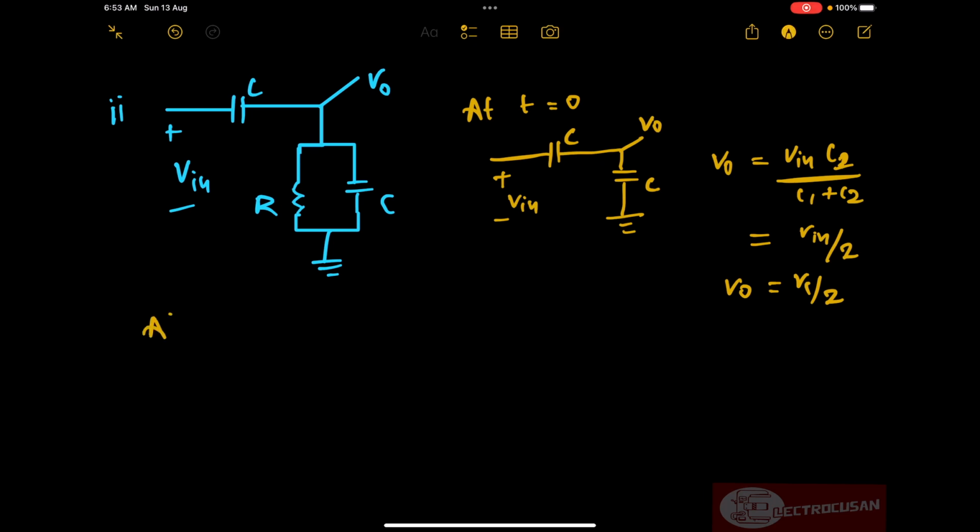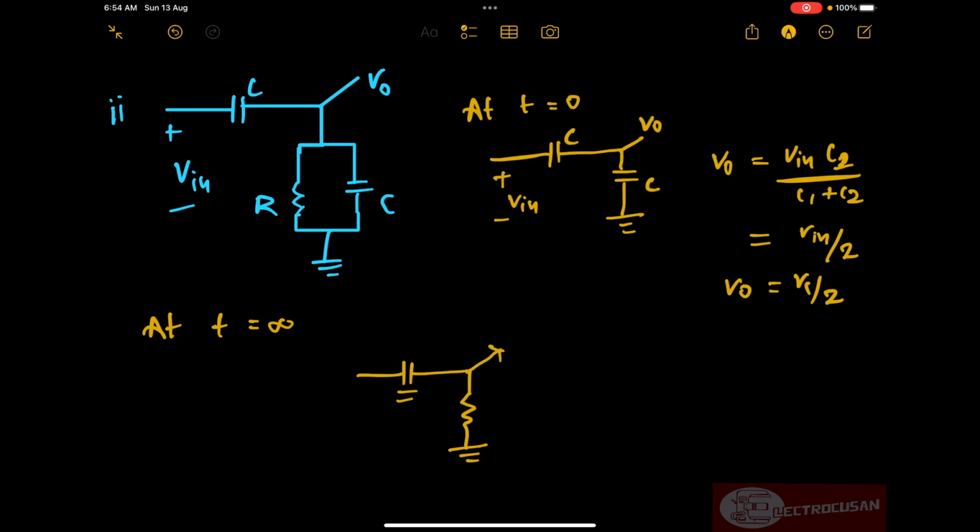And at t equal to infinity, the equivalent circuit is this. This is just a resistor here. And what about the capacitance that is present here? Because at t equal to 0, this capacitance acts as a short circuit, so we have considered that here. But at t equal to infinity, this is open circuited, right? So what is the voltage across this?